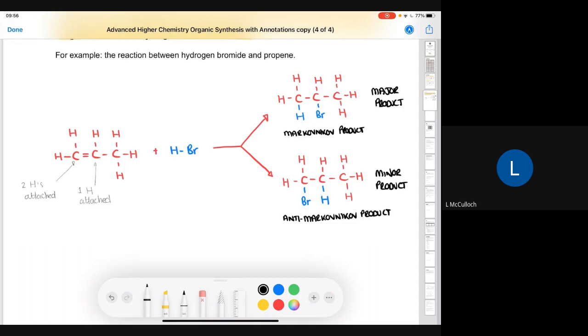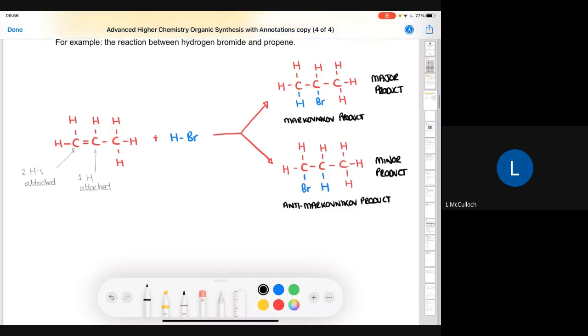Okay, so let's go on to look at the chemistry behind why we get a major and a minor product.